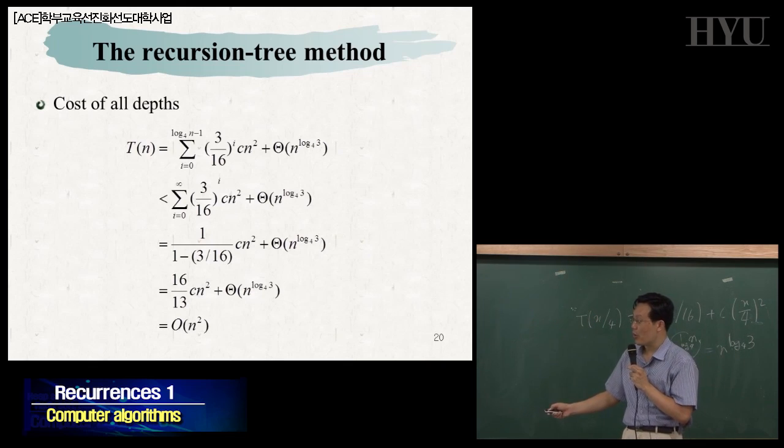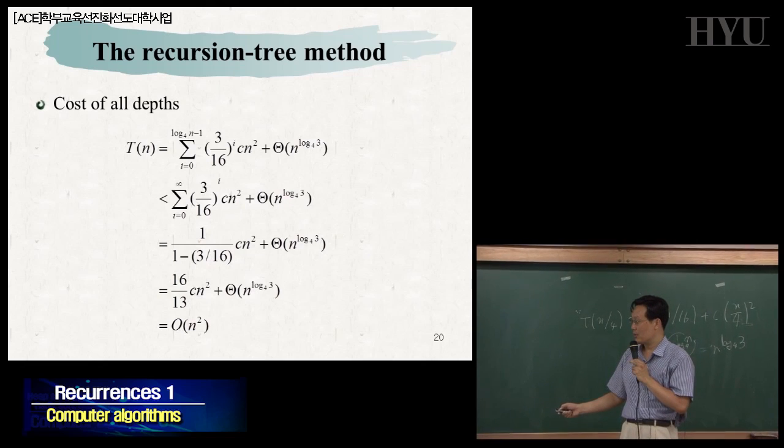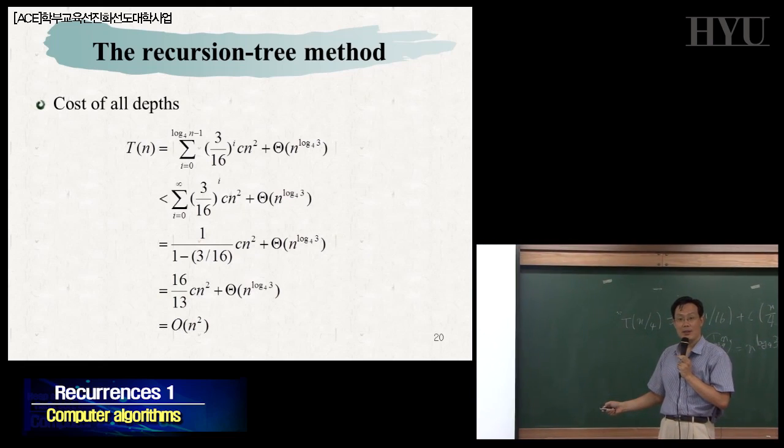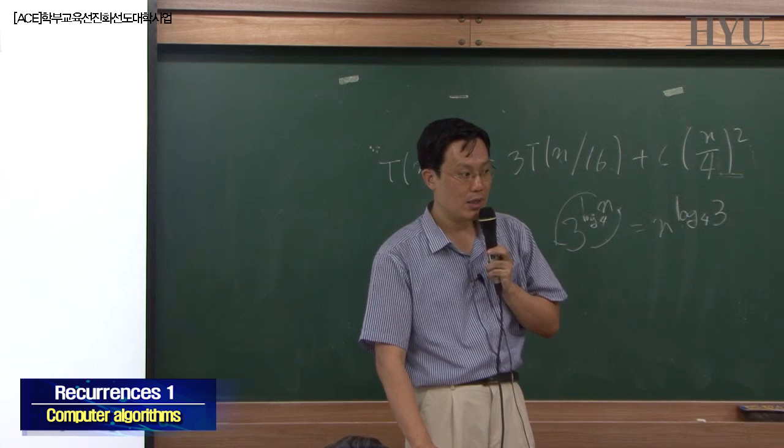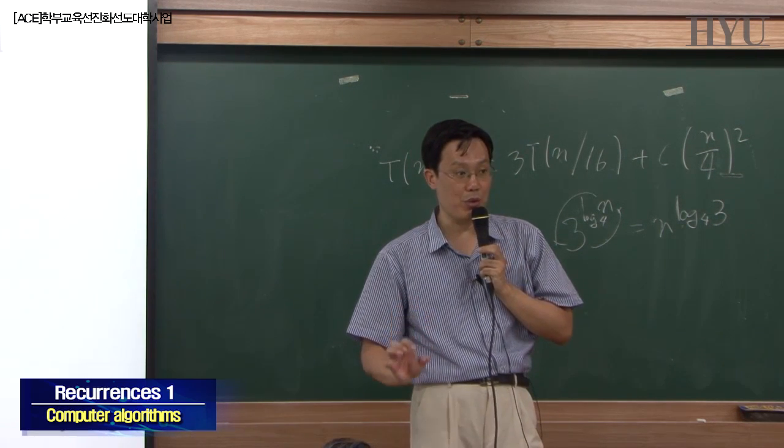And this is n squared. How about this? This is smaller than 1. So the degree of the first term is larger than the degree of the second term. So this is removed. So conclusively, it is big O of n squared.